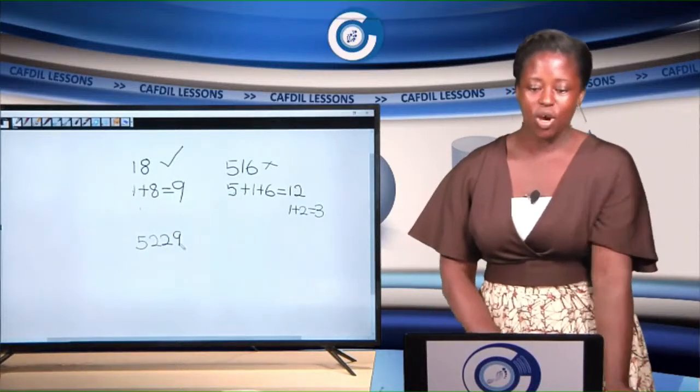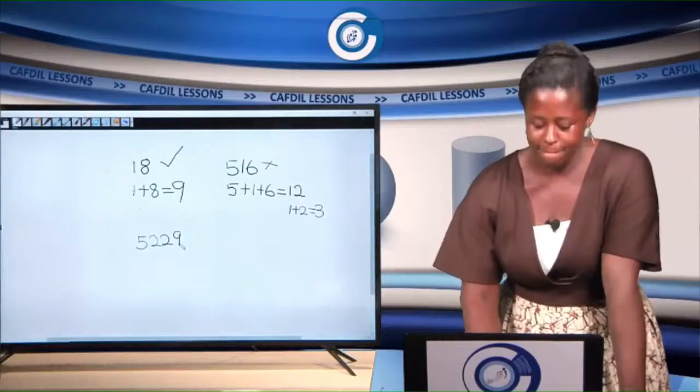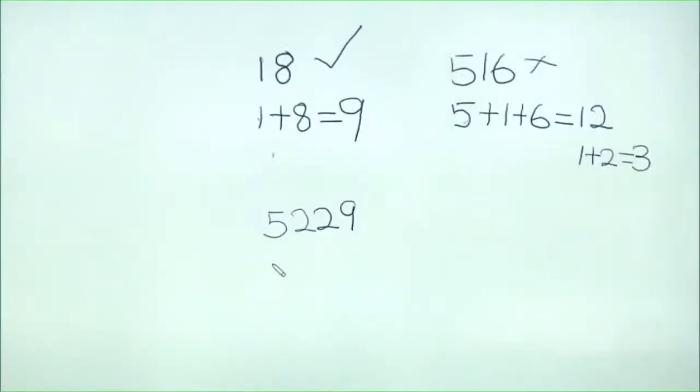So let's add all the digits: 5 plus 2 plus 2 plus 9. 5 plus 2 is 7. 7 plus 2 is 9. And then 9 plus 9 will give us 18.